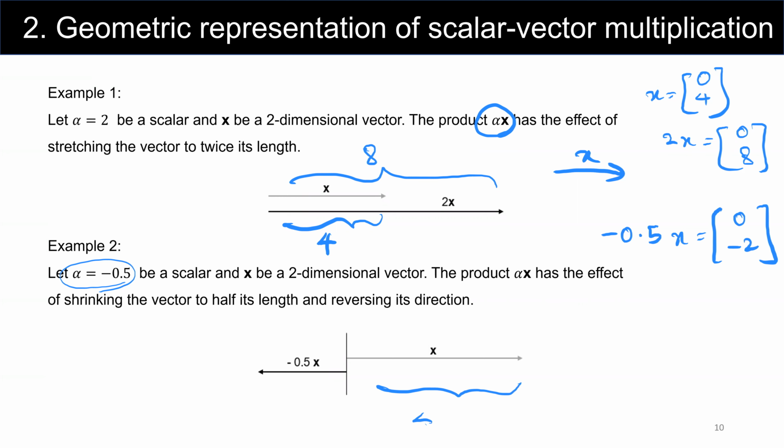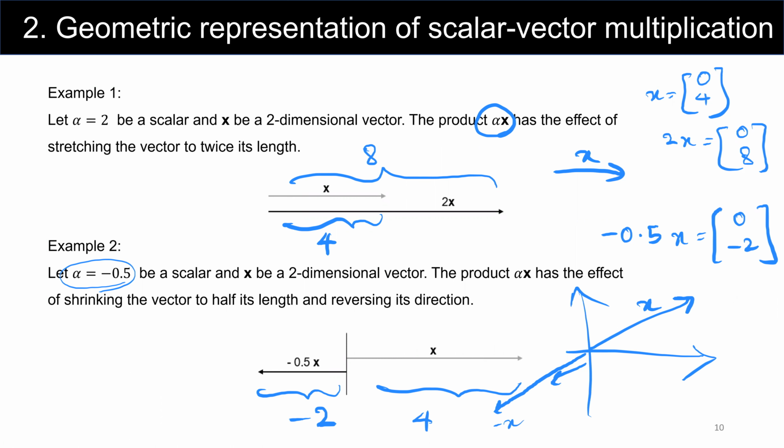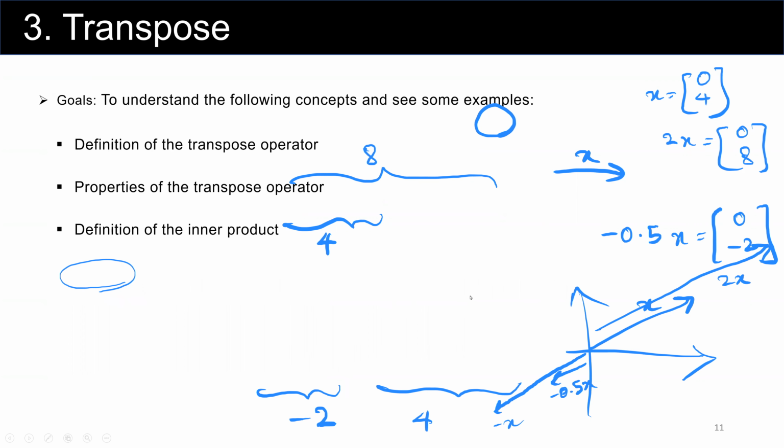So x was 4 towards the positive direction, -0.5x is -2, or is 2 towards the negative direction, reversing the direction. That can happen in other directions as well. So if this is vector x, this is going to be vector -x, -0.5x and 2x. Right, next.